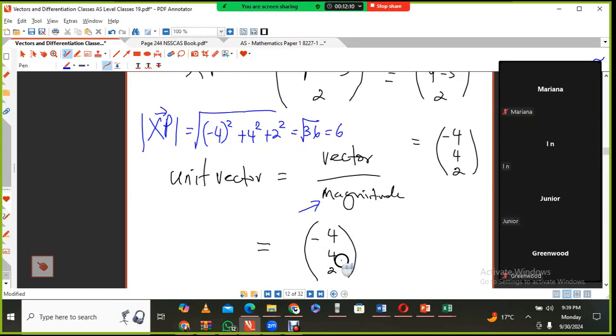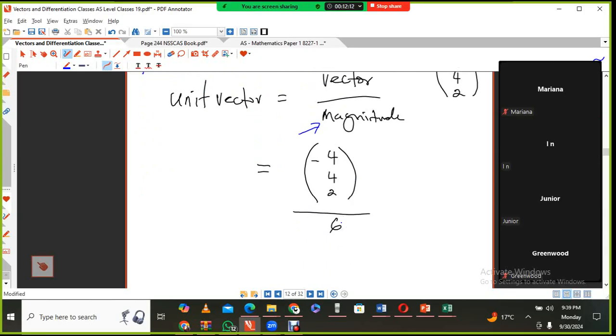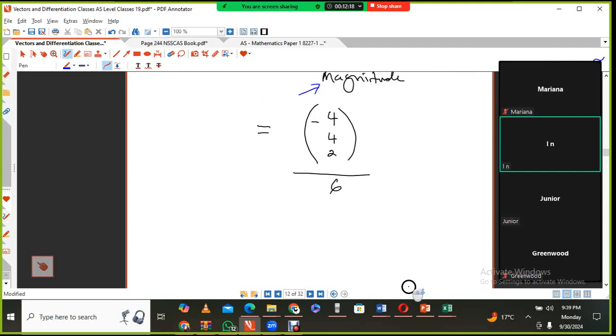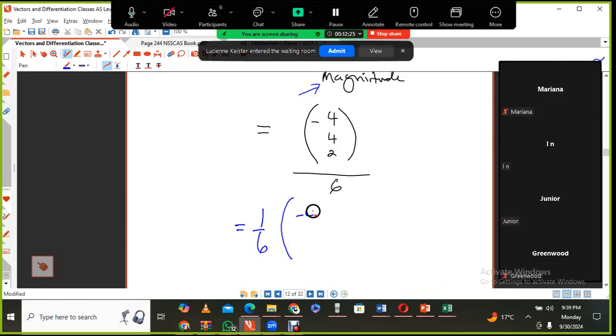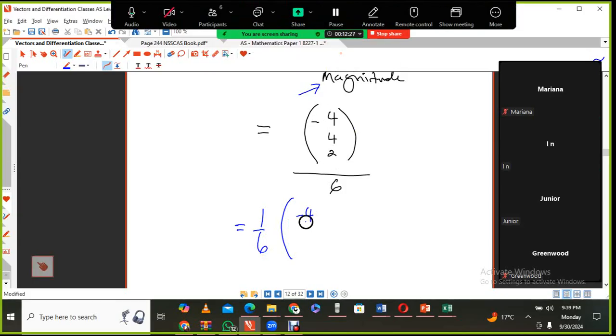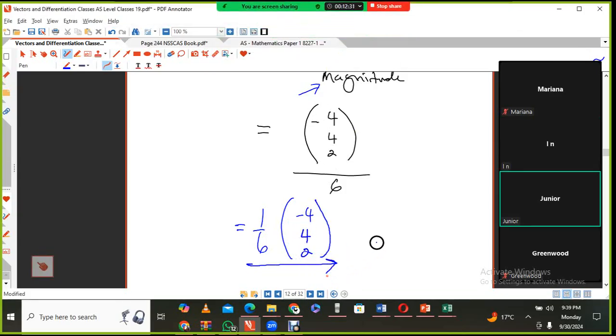Are we leaving our answer like that? No. You can say 1/6 and then put the stuff in the bracket like so, negative 4, 4, 2.